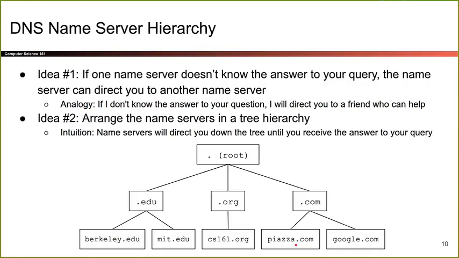By arranging the name servers in a tree, you're basically guaranteeing that after a certain number of redirects, you'll always receive a DNS answer, because there are no cycles and you're always working from the top of the tree down. So that's the big idea of how DNS works.